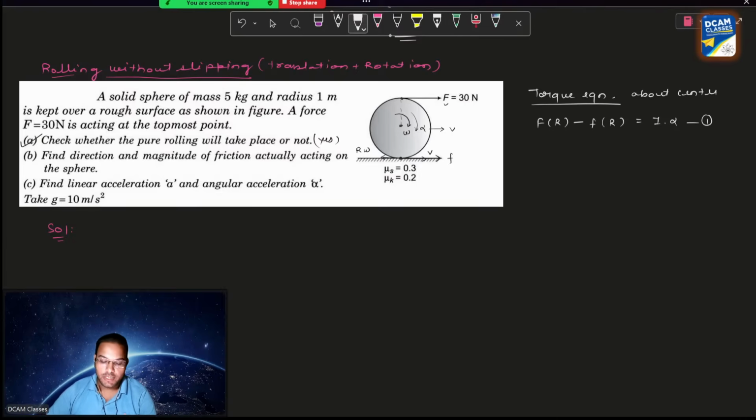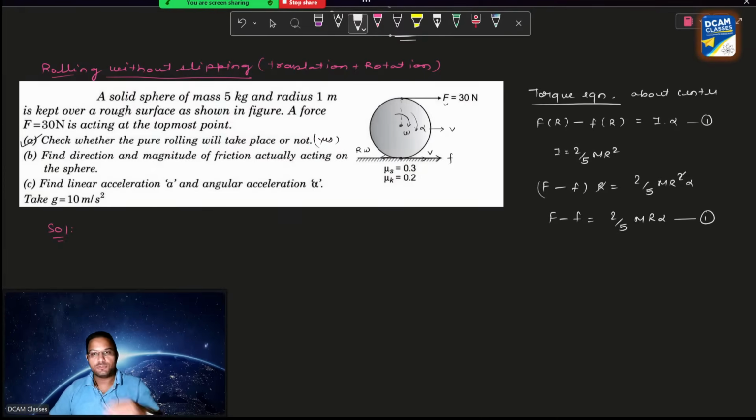It's a solid sphere, so I can use 2 by 5 m r square. So F minus f into r equals 2 by 5 m r square into alpha. R you can cancel. So F minus f is equal to 2 by 5 m r alpha.